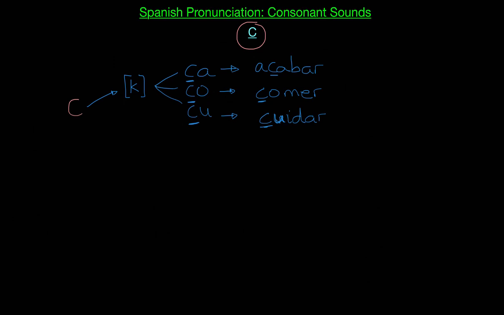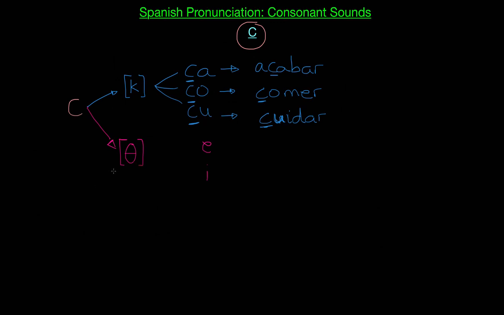Now, what happens when instead of before A, O, U, we find it before E or I? Instead of saying k, we'll say th. If you're into your phonetic alphabet, this sound is represented by a symbol which is a little bit like this.